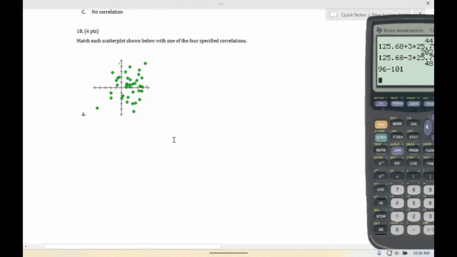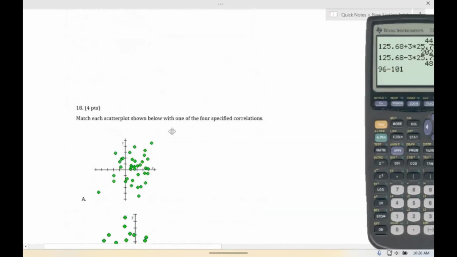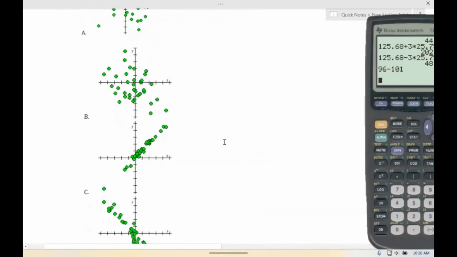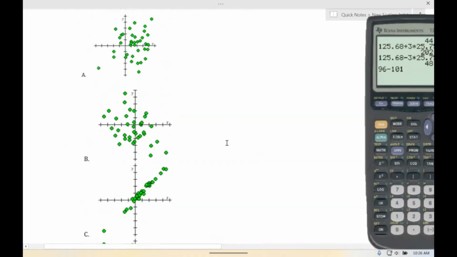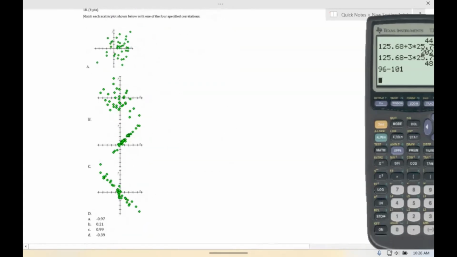In the next example, we are asked to match the correlation with its value. See if I can put all these on one screen. Okay. So the first thing I'm going to look for are patterns.